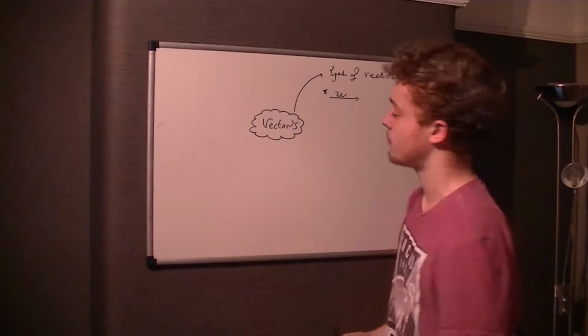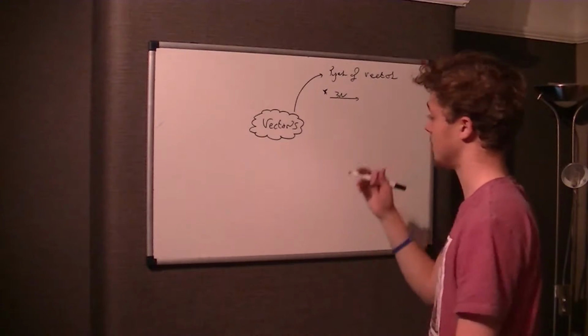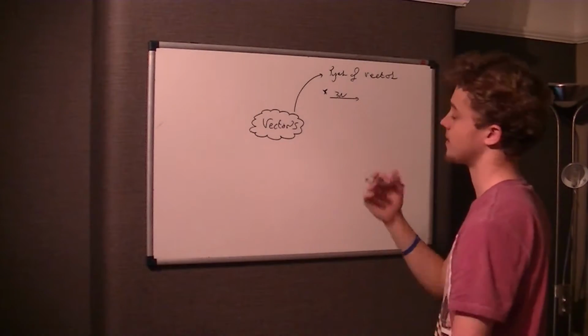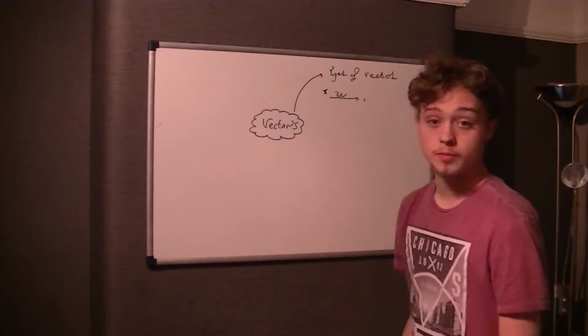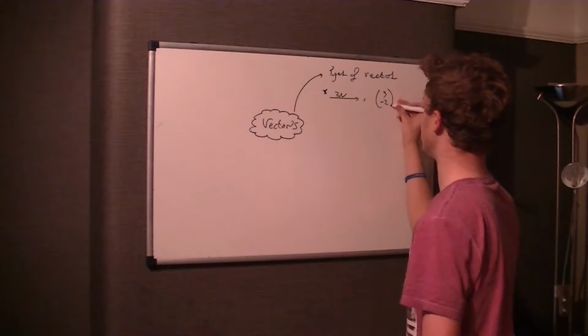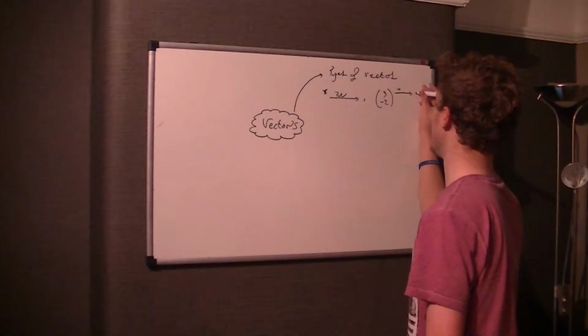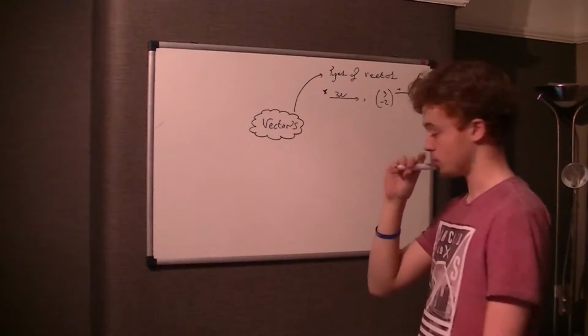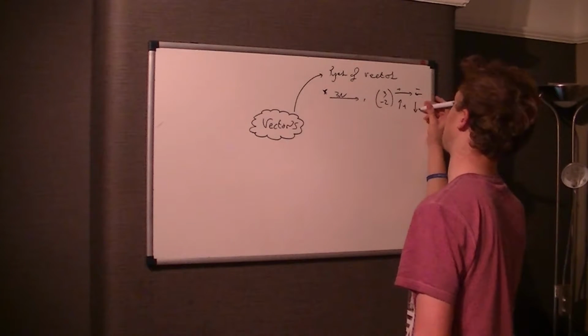We talked about the difference between scalars and vectors: a scalar just has magnitude, whereas all vectors have magnitude and direction. We also talked about the column vector, where you had 3, minus 2: the top one, right was plus and left was minus, and on the bottom one, if it was positive it would go up, and if it was negative it would go down.